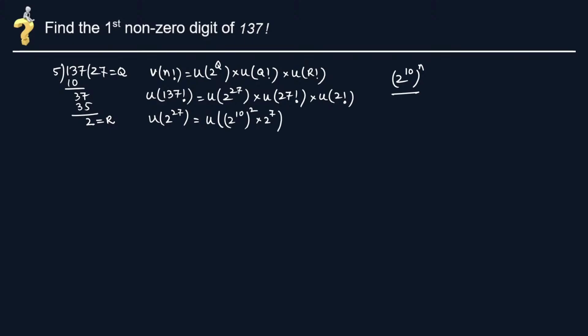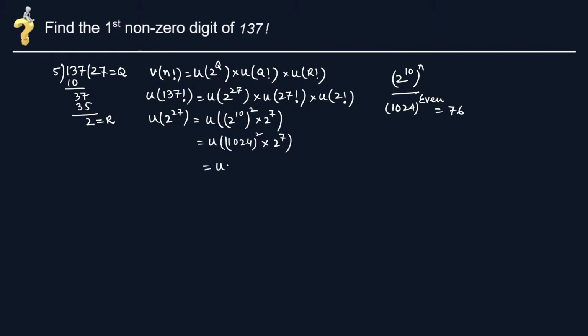Am I correct or not? It gives us 2 to the power 20 into 2 to the power 7, which gives us 2 to the power 27. 2 to the power 10 is 1024 and its power is 2. We all know that when the power is even, the last two digits of 1024 will always be 76. Can you remember?